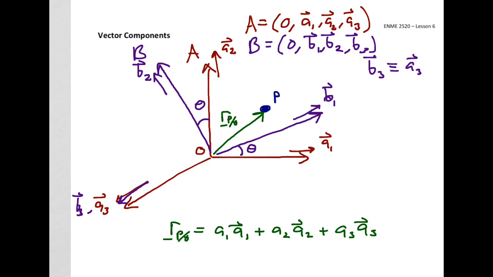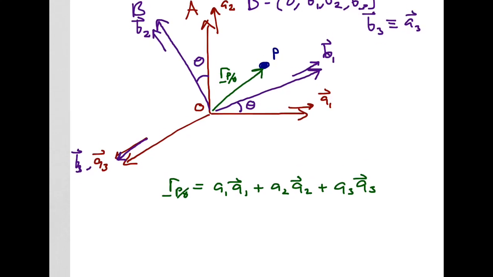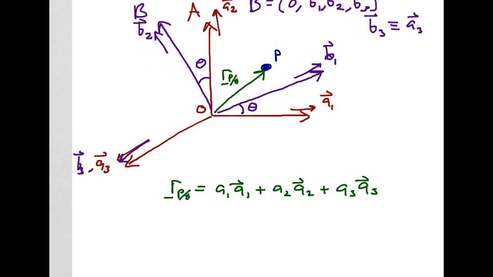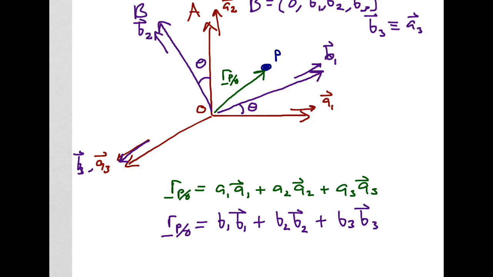Now, using our new basis, which is B1, B2, and B3, we can define this same vector, R of P with respect to O, with a new set of scalars: B1 in the B1 direction plus B2 in the B2 direction plus the scalar B3 in the B3 direction.